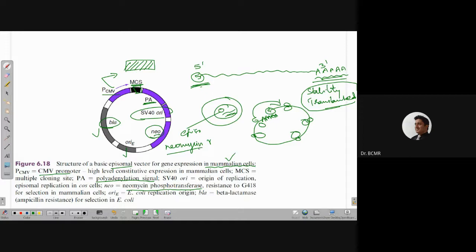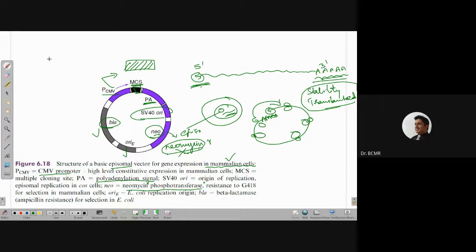You can find out the molecular mechanisms. So this enzyme, as the name suggests, will phosphorylate neomycin, because of which neomycin is no longer effective and the cell will grow. That is how the resistance mechanism works.